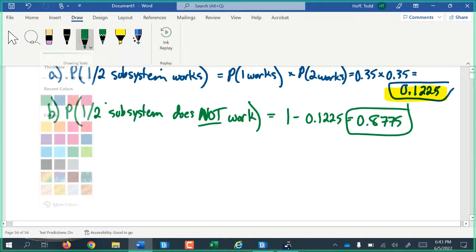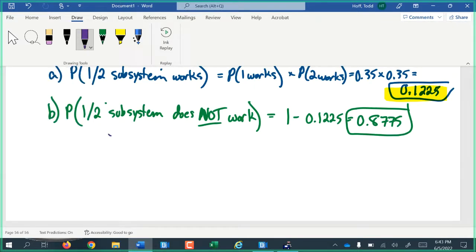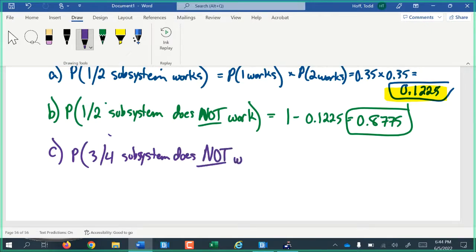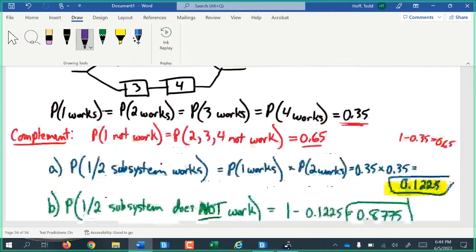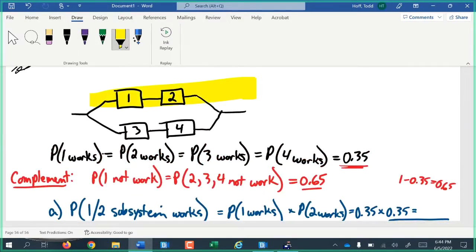So then part C, I should say, the third part. What is the probability that the 3-4 subsystem does not work? Well, since the 3-4 subsystem is identical to the 1-2 subsystem, the 1-2 is in series, both with a probability of 0.35.